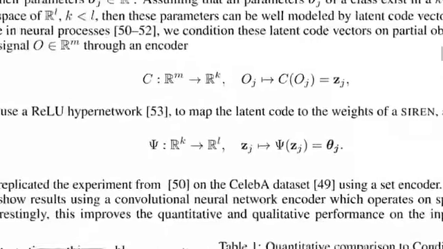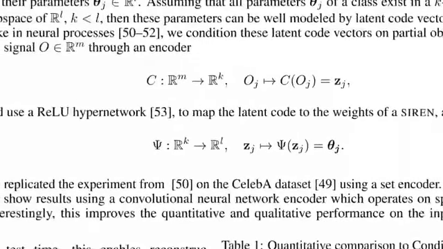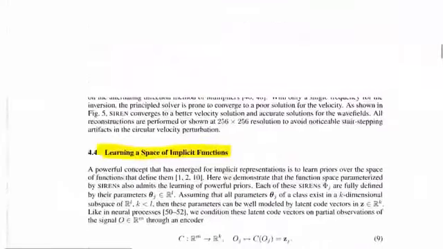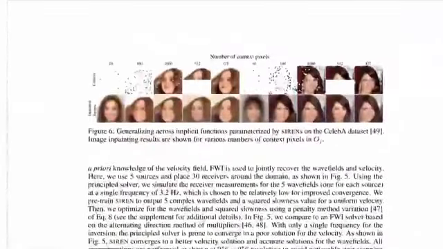I have a network right here that gives me the parameters of the Siren. Okay, let's go to an example. In this example, you'll have an image like this one where a few pixels are masked.